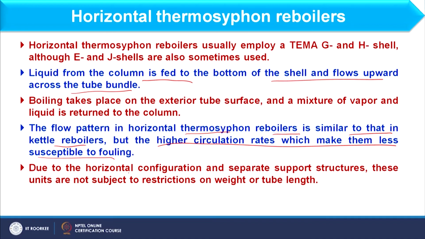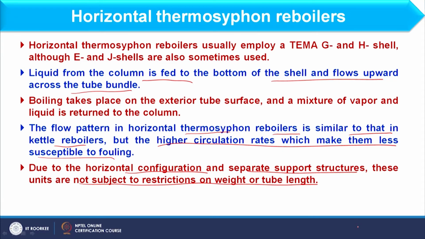And now we have an important point, that because of horizontal configuration and separate support structures, these units are not subject to restriction on weight or tube length. What is the meaning of this? It means that when I consider horizontal thermosiphon reboiler, its support we can provide separately, it is not connected with the distillation column, right.